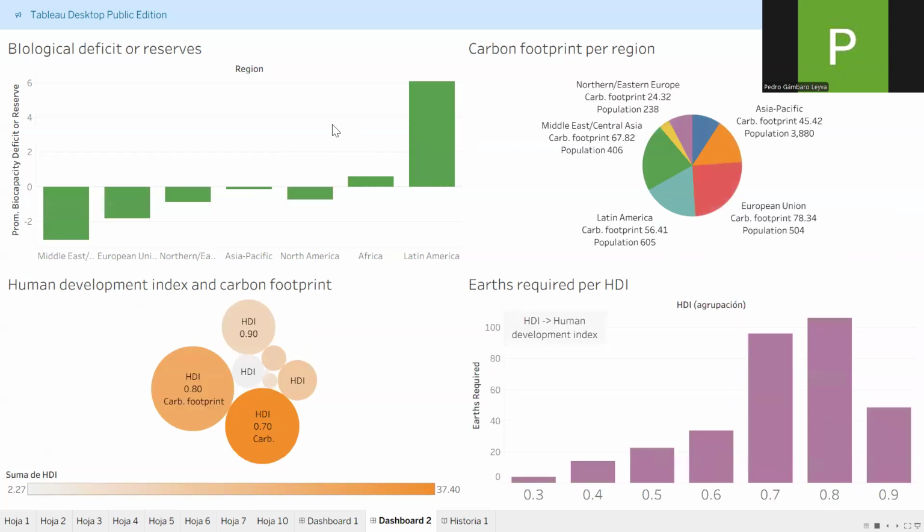As we can see, there are a lot of countries which are in the 0.7 and 0.8 areas. Now, these countries should implement what the highly developed countries are doing in order for us to try to lower their carbon footprint.